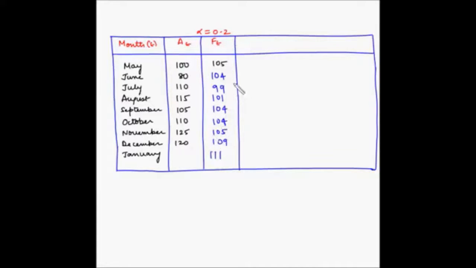So we have calculated the forecast for the months of June, July, August, September, October, November, December and January using the simple exponential smoothing method. So that completes part A of the question.